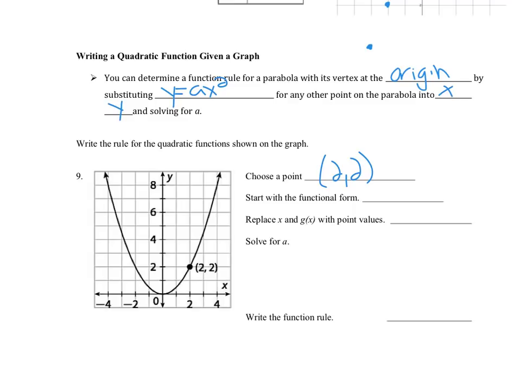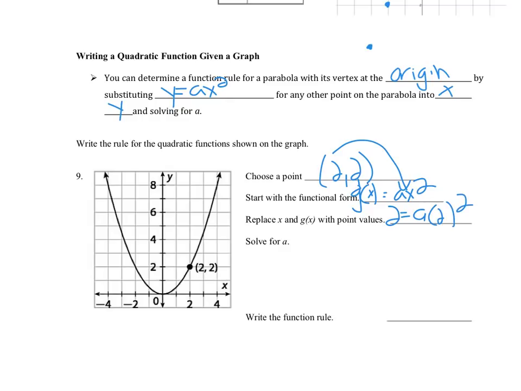So we want to start with our functional form. And we replace our values. Now this one says g of x, so that y can be replaced with g of x. It's all the same idea, and so we're going to replace, so that 2 goes there, and then our x value 2 goes there.